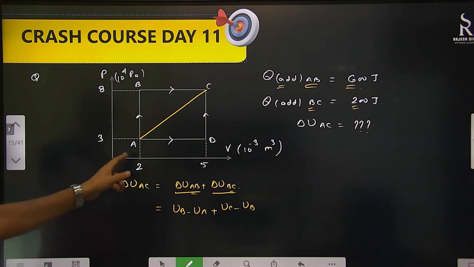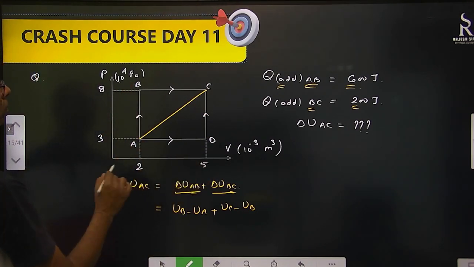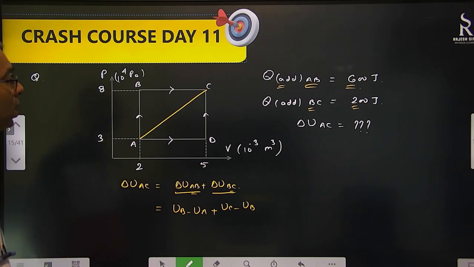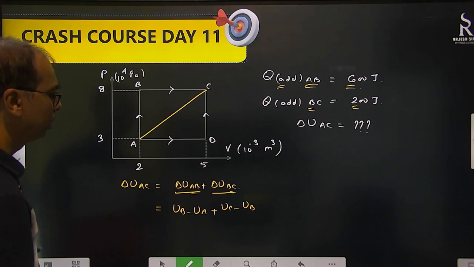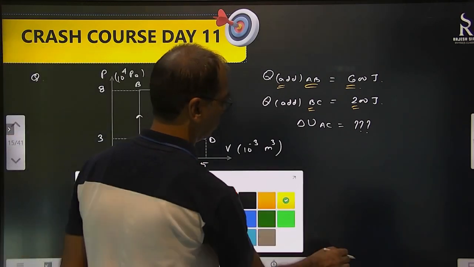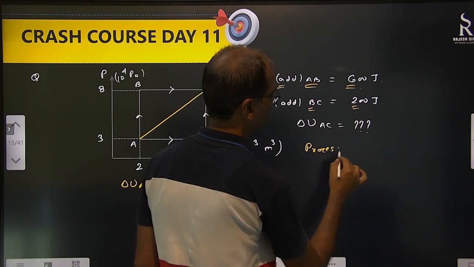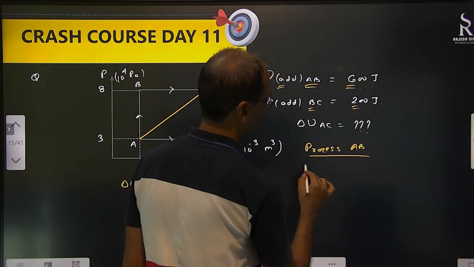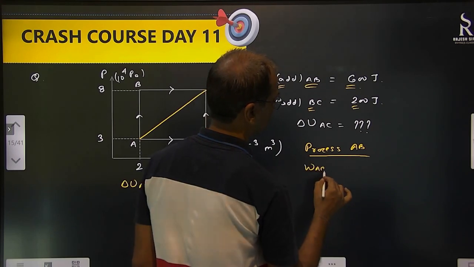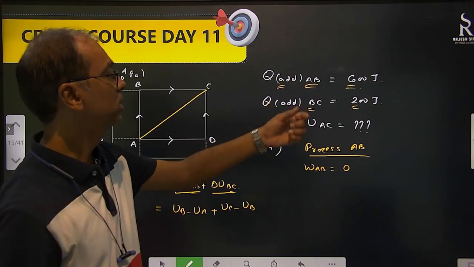So what is this process? This is a constant volume process. In a constant volume process, work done is zero. I am talking about process AB, right? So work done in AB is zero, and it is given QAB is 600 joule.